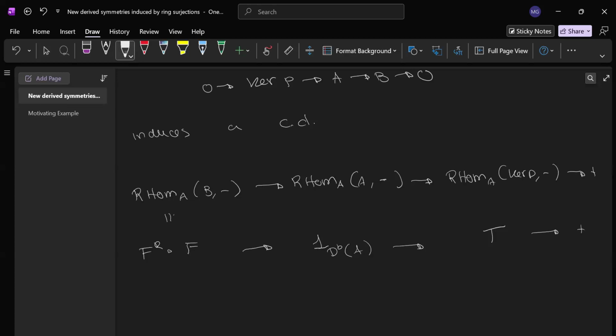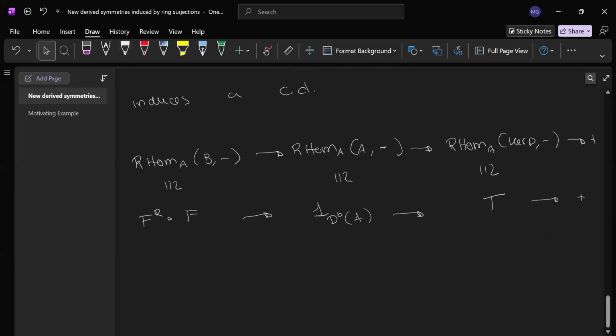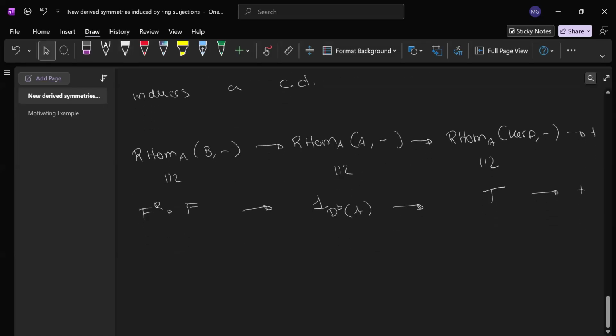And we can construct natural isomorphisms between these two triangles.